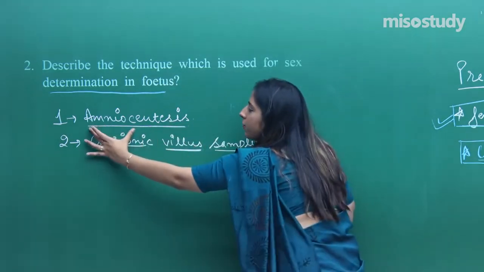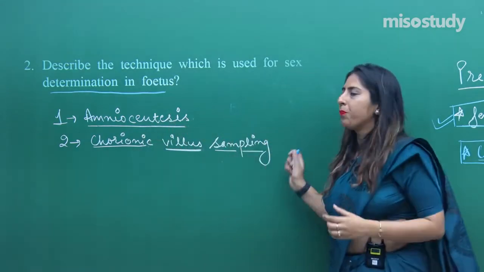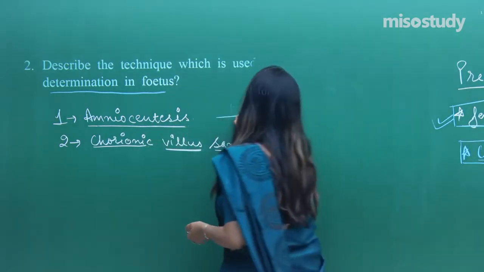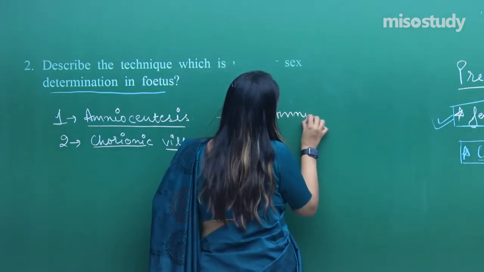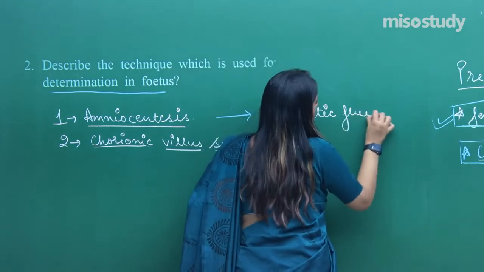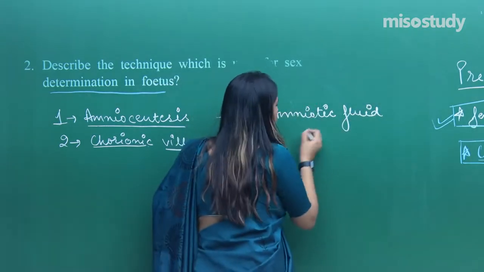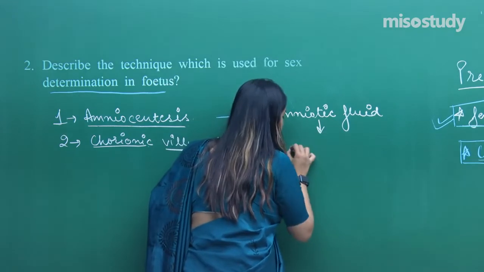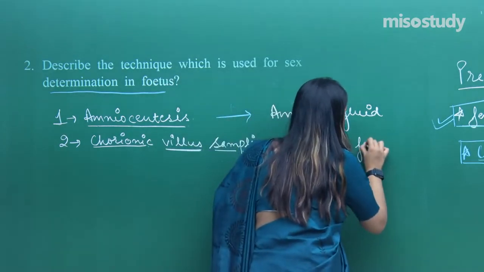That is the amniotic fluid along with those cells, and centesis is to check. In this case, we take out the cells from the amniotic fluid. Amniotic fluid is taken out, and this amniotic fluid has cells of the fetus.